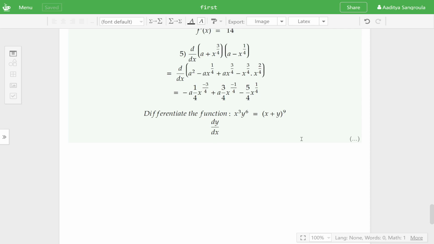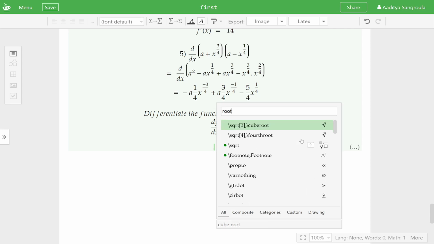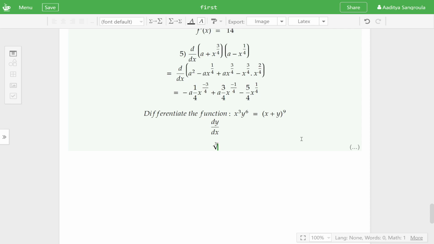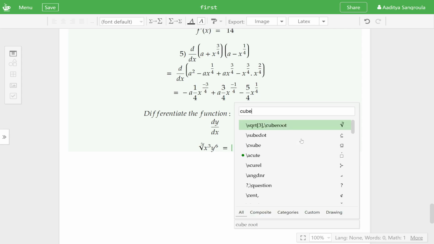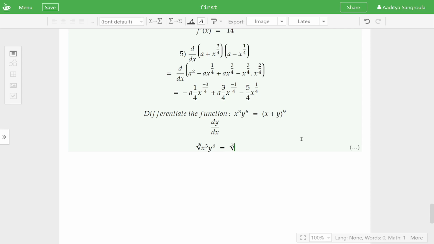So if I take the cube root on both sides, the cube root of x cubed y to the 6th equals the cube root of (x plus y) raised to the 9th power, right?